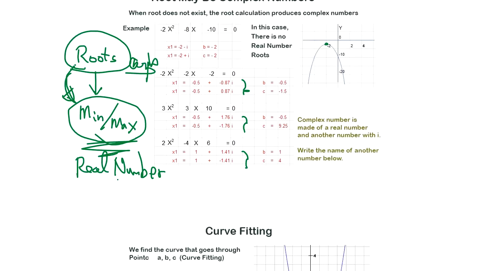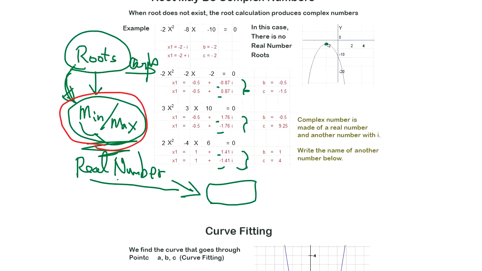Look at this: negative and positive, positive and negative. It cancels out, and the formula comes back to a real number always. So the min/max always exists. Whether you use complex roots or not, the formula is correct to get the min/max.